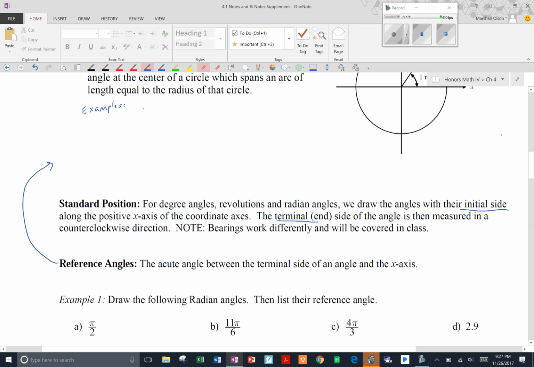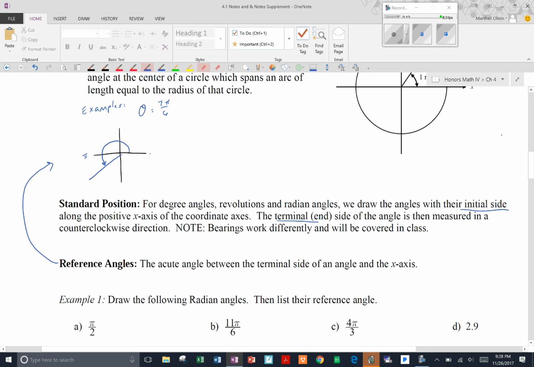Okay, if theta is 7 pi over 6, if we were going to look at that angle, well, 6 pi over 6 is the same as pi. So 7 pi over 6 would be just past that by 1 pi over 6.